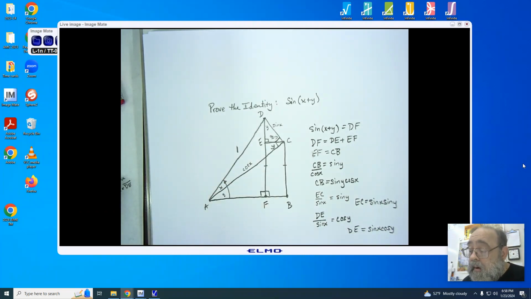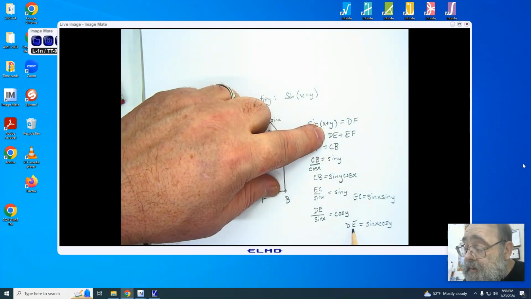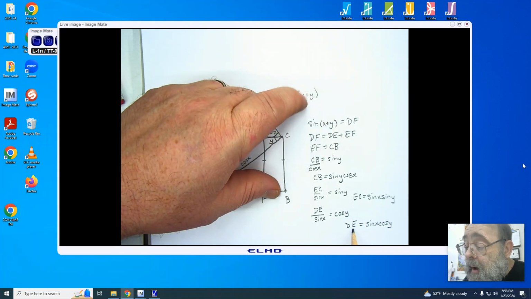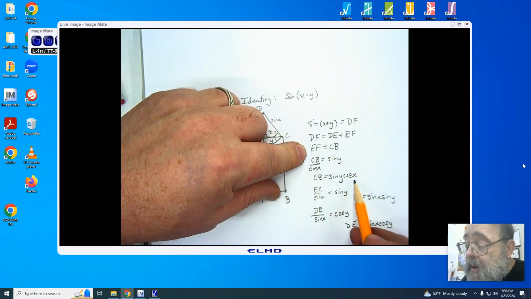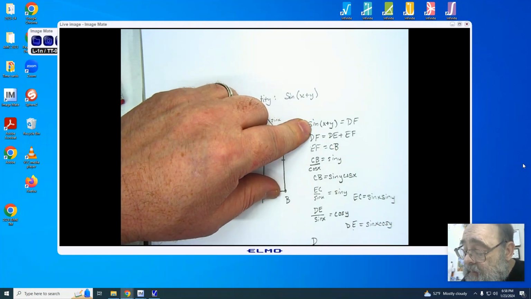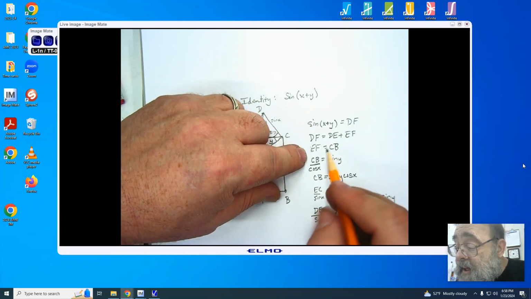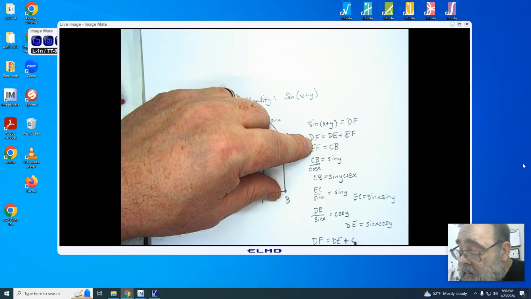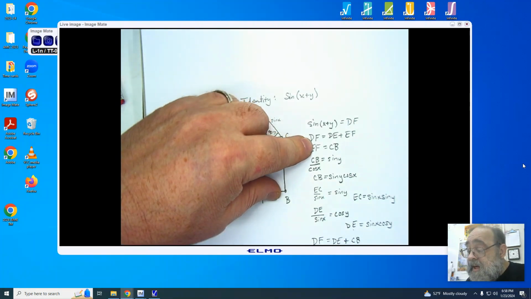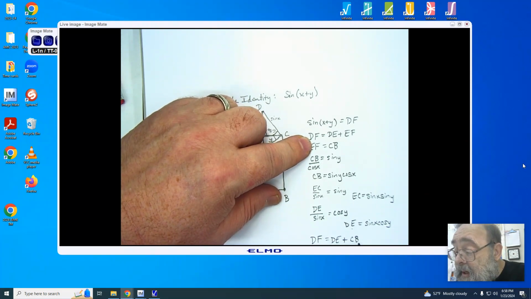Alrighty, let's now see what we have. We know what DE is, and we know what CB is. So if I take DF and do direct substitution with CB and EF, I have DE plus CB.